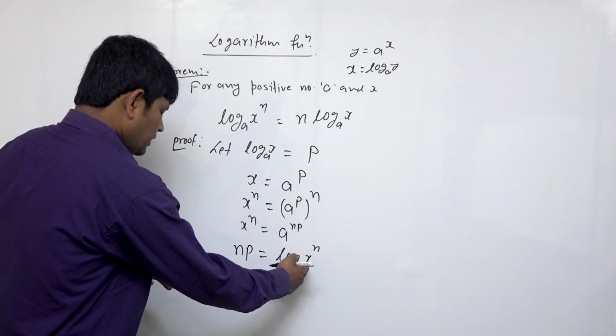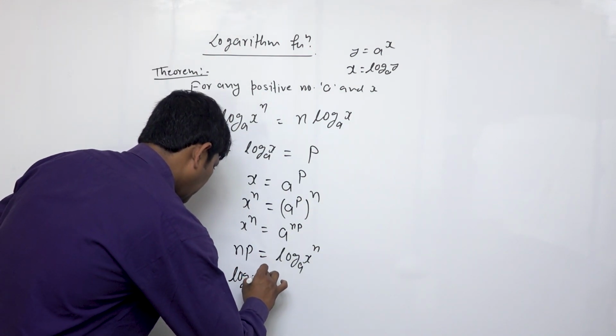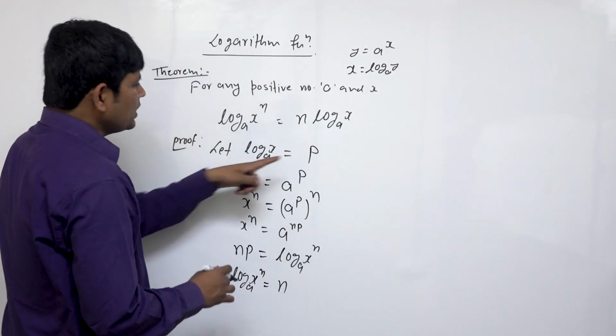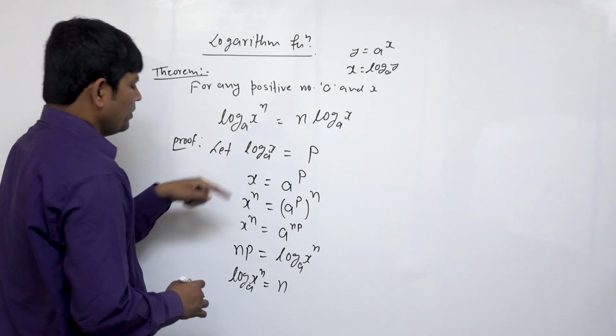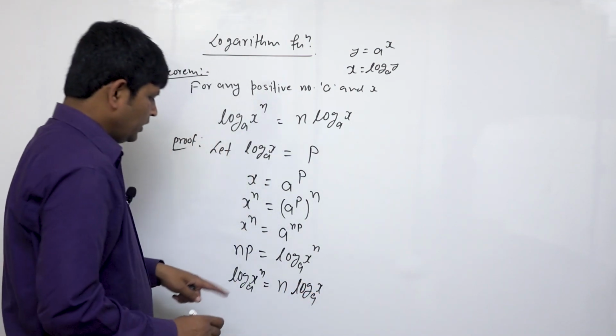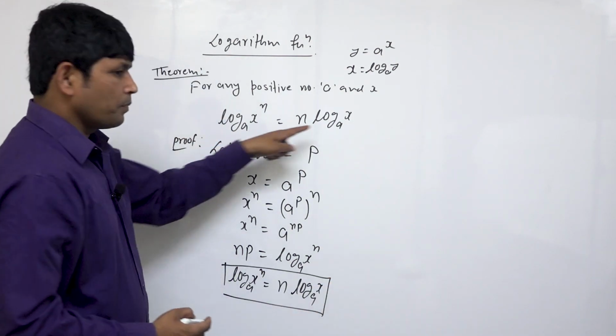So log of x to the power n to the base a is equal to np. And what is our p? p is log of x to the base a. So this way we can prove this property.